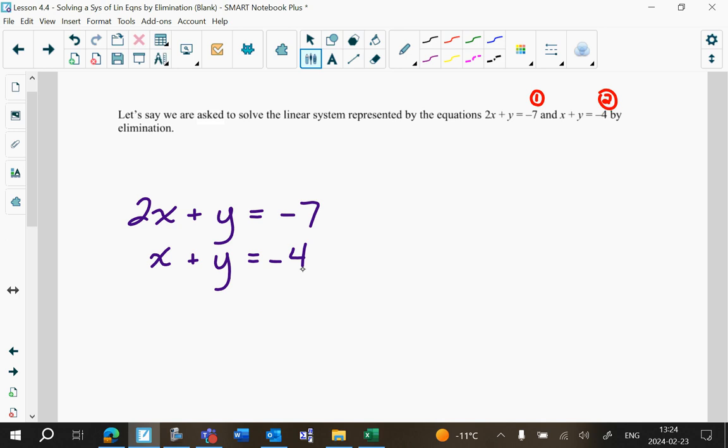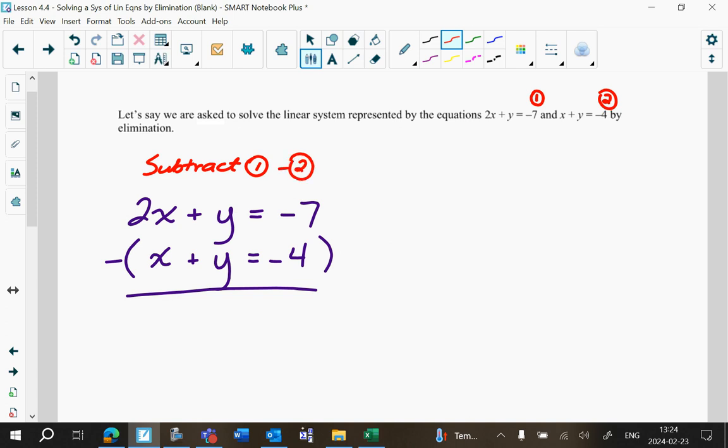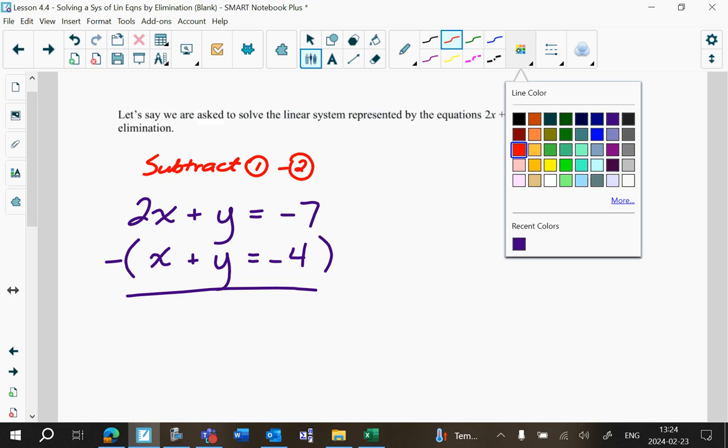Adding or subtracting? If I subtract both equations, or one equation by the other. So what I'm going to do is subtract equation 1 minus equation 2. And why did I do that? Because I eliminated one of the variables, which means I can figure out what x is.